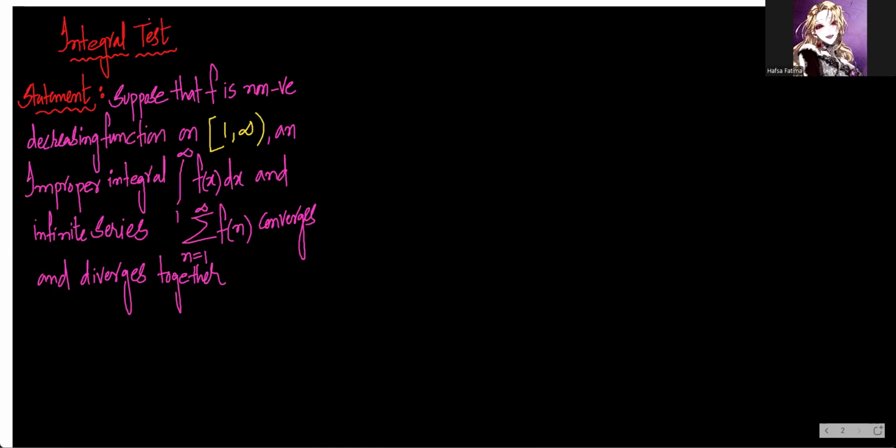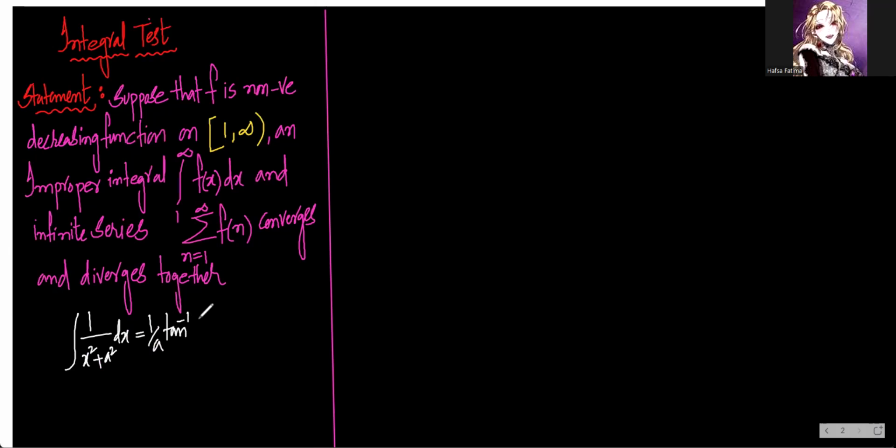So to understand this concept more clearly, let me do one question. I think we have some formulas. If you don't remember the integration formulas, I will write them on the screen here. Do you know this one? Integration of 1 by x square plus a square is 1 by a tan inverse of x by a. This formula I use in the integral test in most cases, and I think you have to memorize all the formulas.